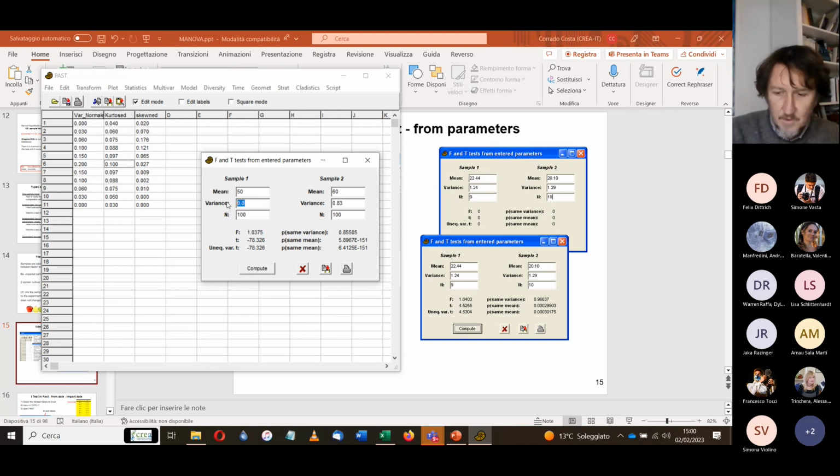Let's increase it drastically, with variance 2 here and 5 here. No, it's okay. 15 and 15.3. Okay, it's lowering. 52 and 53 here, the variance. Okay, much more.